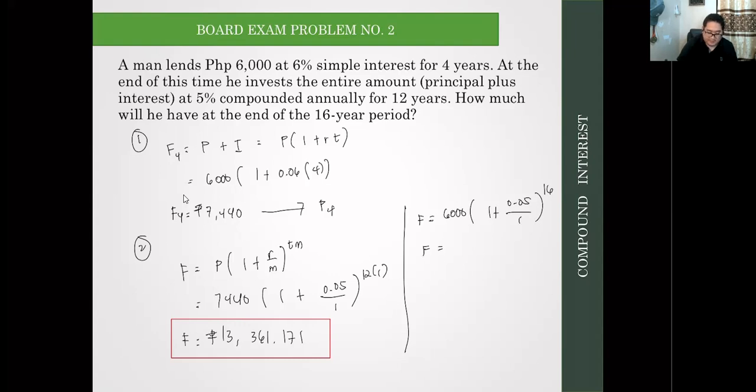So that will be 13,097.247. Okay? So, sabihin, effective pa din yung ginawa niya kasi at the start of the compounding account niya, mas malaki na yung value ng interest niya.